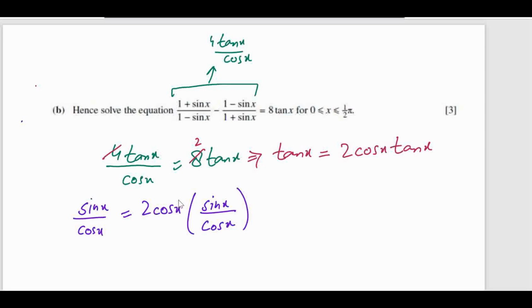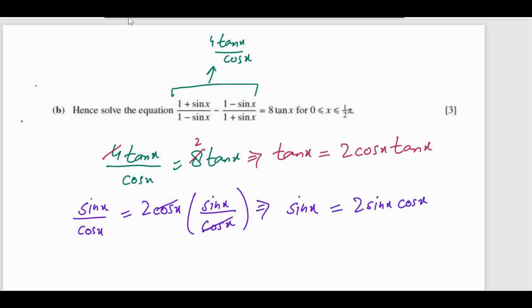Now we can cancel out these two, this one and this one. So finally we can write this one as sin of x is equal to 2 sin of x cos of x.